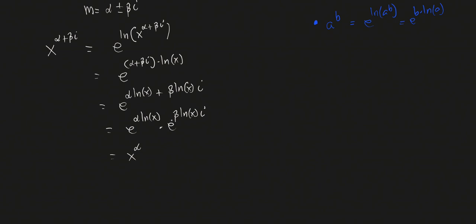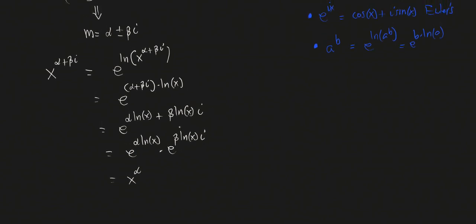That's fine. But then this one now is where we're going to use Euler's result. The difference is now, instead of just having an i times an x in the exponent here, I have i times all of this.